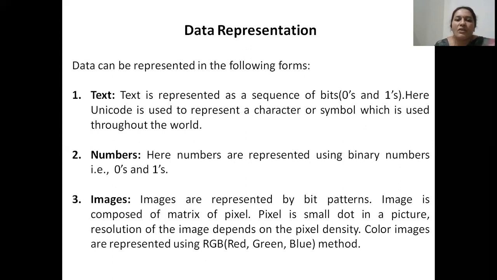So Unicode is a system of binary values which is universally accepted throughout the world. So the binary data is formed for the textual message using Unicode. Similarly, even numbers are also represented using binary numbers, and the same Unicode is used to represent the text and numbers in binary equivalent.